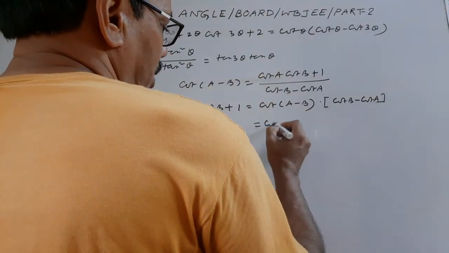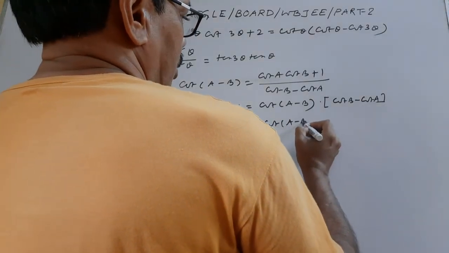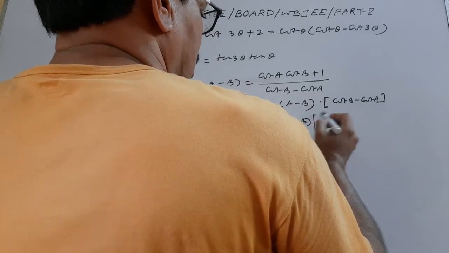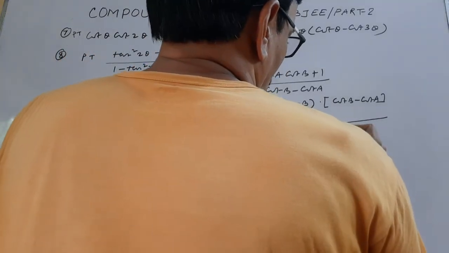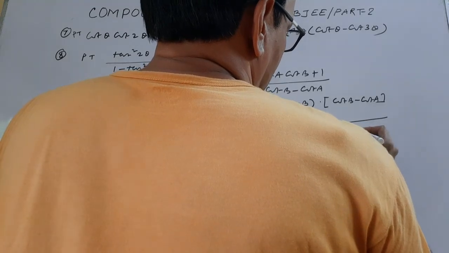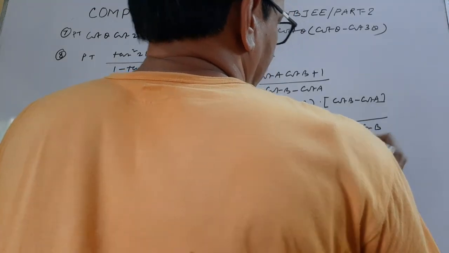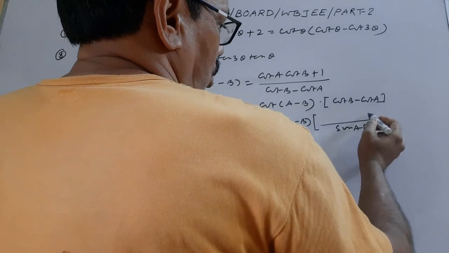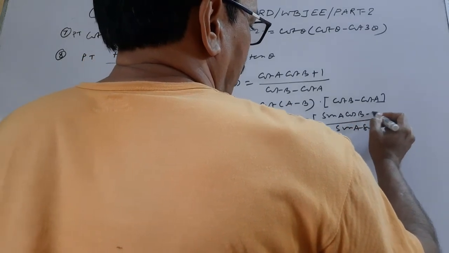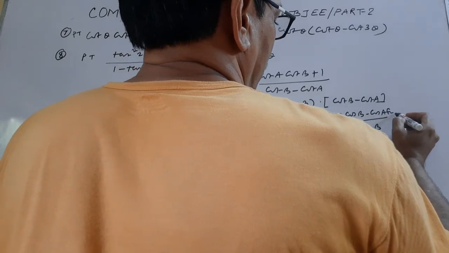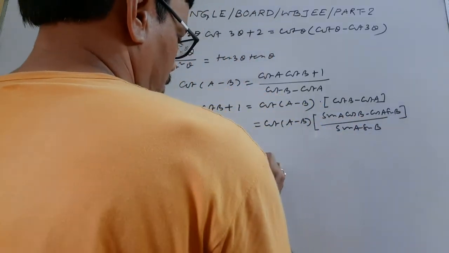So cot(A minus B), this is sin A, sin B as the LCM. So sin A cos B minus cos A sin B, omitting one step.